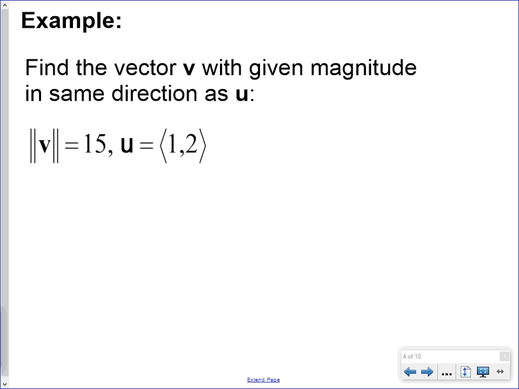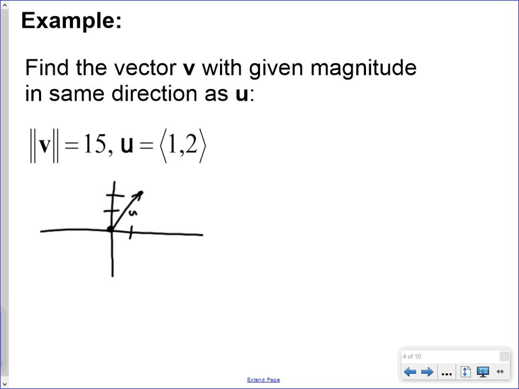First, I think about it like this. Let's think about it visually, kind of like 26 and 29 from the homework. Let's get an idea of what's happening in this picture. We have a vector u that is the vector 1, 2. Does vector u have the desired magnitude that we want for vector v, which is 15?